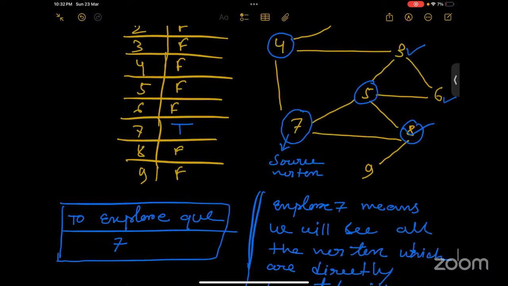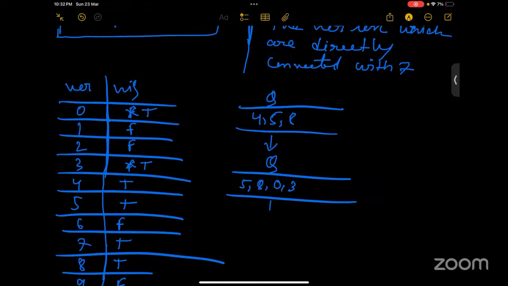Yeah. Then 6 will be true. So 5 is also done. In the next step, what will be the queue? 8, 0, 3, and from 5 we visited 6, so we will add 6.